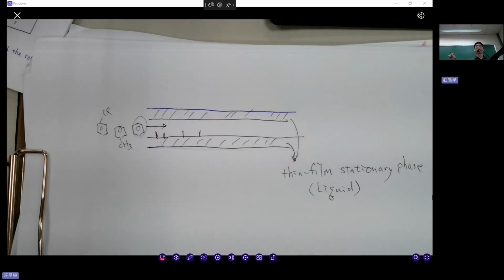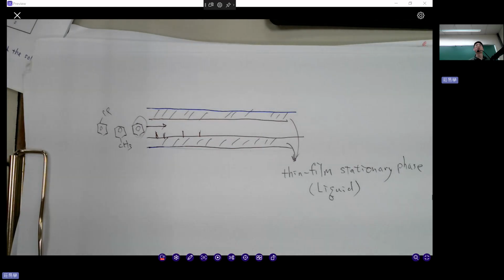So, question here. What is the main driving force for moving everything forward? In the previous case, with the traditional separation column, we introduced water as the mobile phase, and water pushes everything forward.